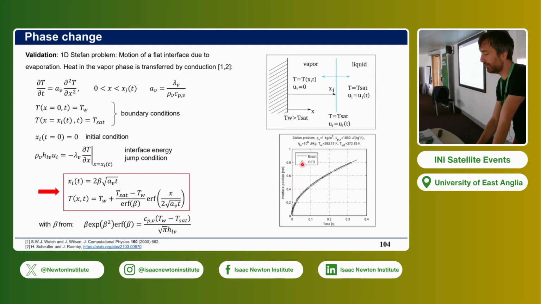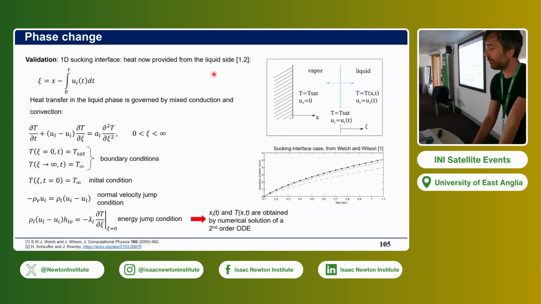So here on the bottom you see a figure where we get exact solution and CFD solution. The tutorial I have prepared for today, if you can run the simulation, there is also Python code at the end that will just do this plot for you. So this is problem number 1, 1D Stefan problem.